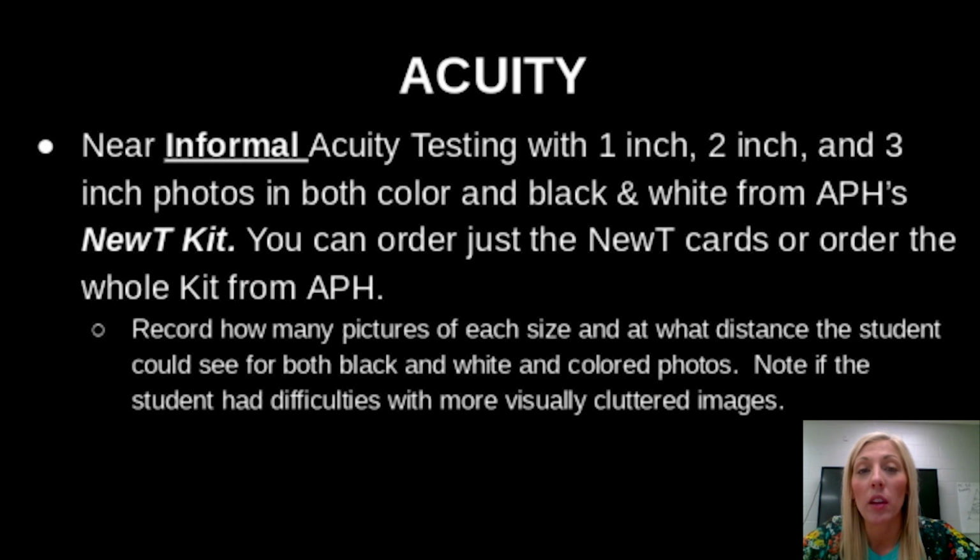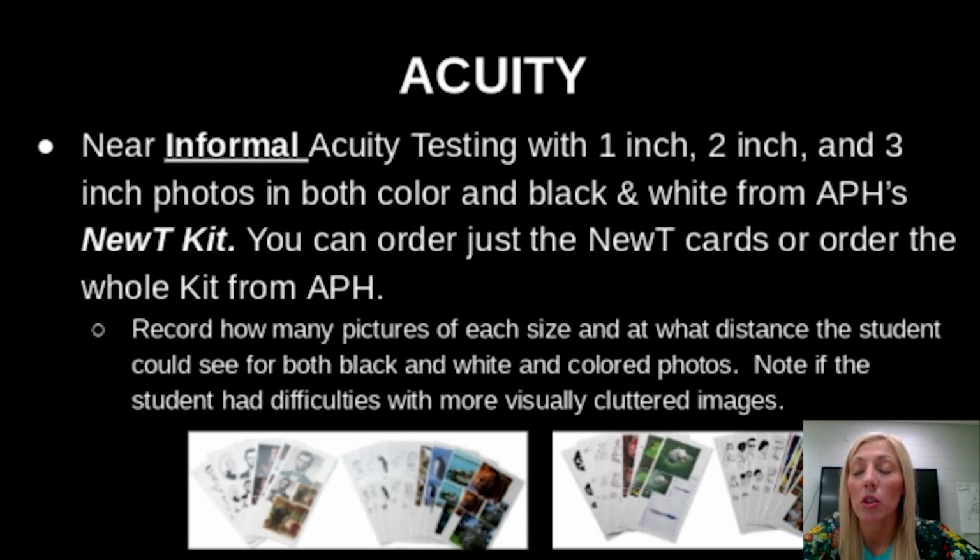Another resource for acuity that we really love to use, especially for the near informal acuity testing, is APH's Newt kit. They come with the 1-inch, 2-inch, and 3-inch photos in both color and black and white. You can order just the cards or you can order the whole kit.